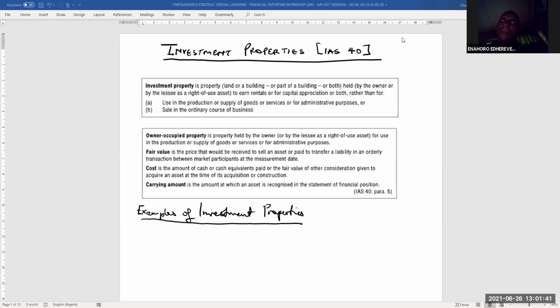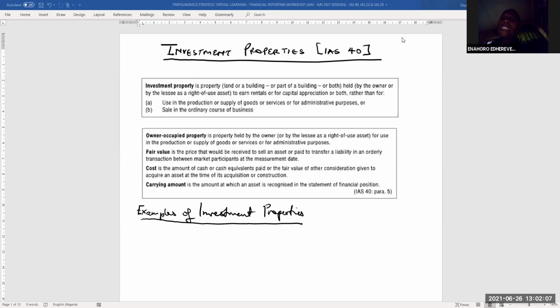And every year, we have them valued by valuers. And any gain on it, we take to the P&L directly.